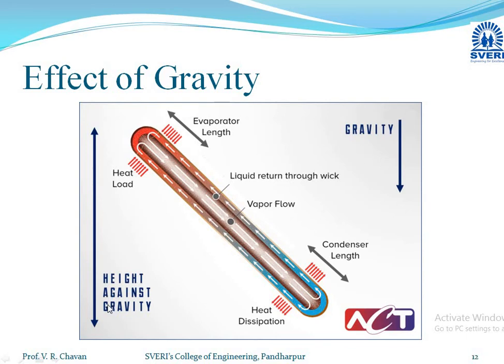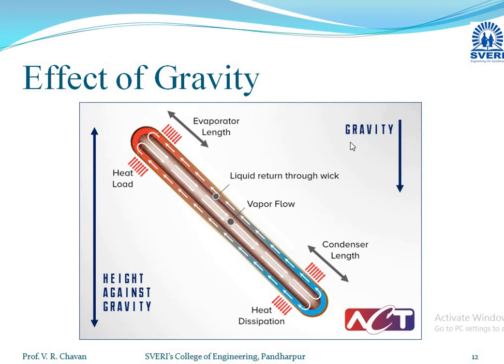This shows the height against gravity. So the elevation of the heat pipe, one end, shows the height against the gravity. Now if you raise the evaporative side against the gravitational pull, then it will require more force, or its performance will get deteriorated.